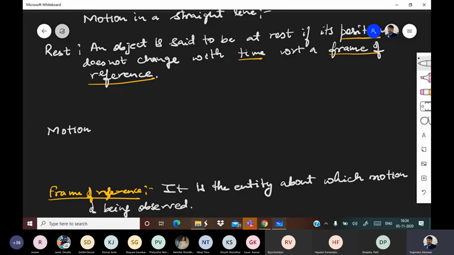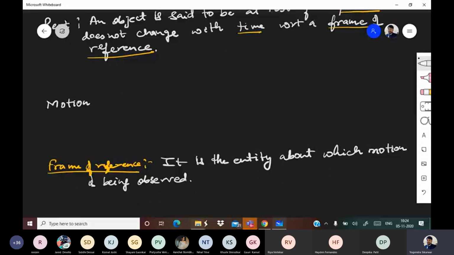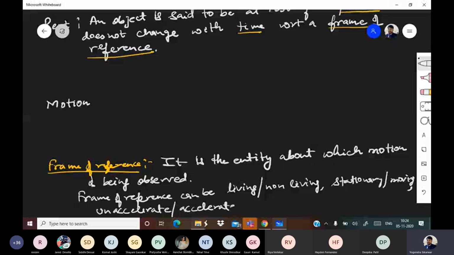So frame of reference can be living/non-living, stationary/moving, unaccelerated/accelerated, etc. Okay.